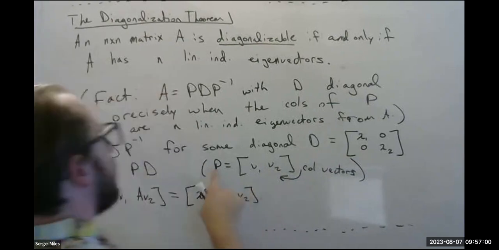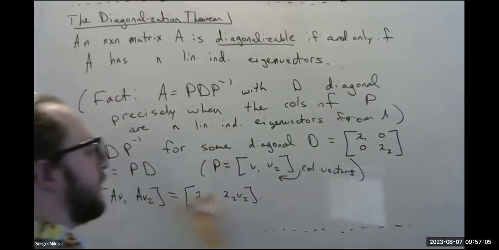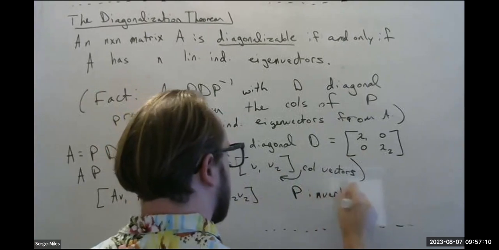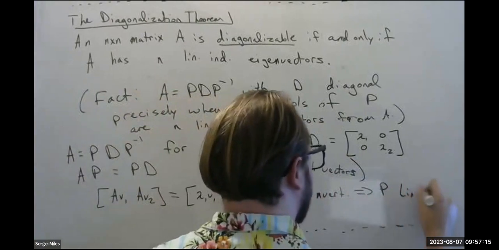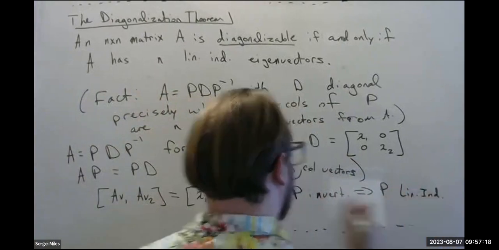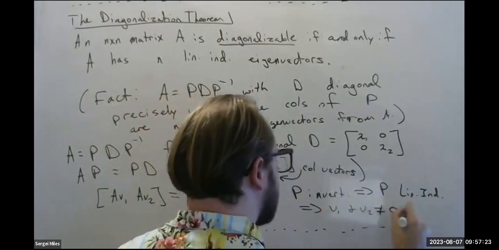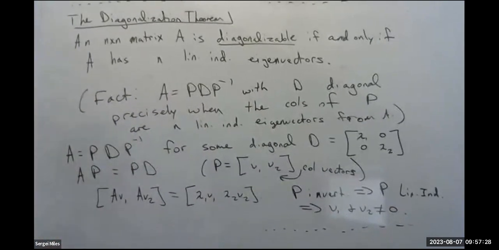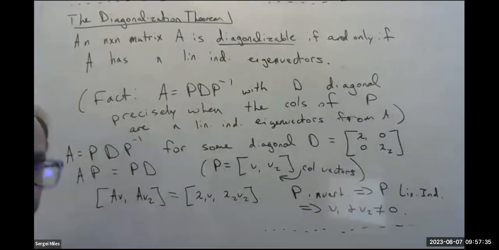But P is invertible according to this formula, A equals PDP inverse. P is invertible, which implies its columns are linearly independent, which implies V1 and V2 are not 0. They can't be 0 vectors if P is linearly independent.